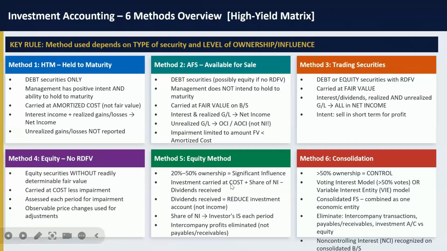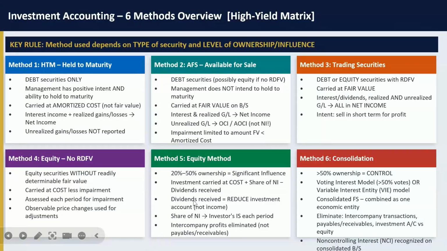So now, how do you record the investment? Here, investment carried will be the cost that you pay plus share of net income, okay, minus dividends received. If they declare the dividends, that means now you also are the owner, okay. From their net income also dividends are going out, that you will deduct. Then dividends received: if you receive the dividends, you will reduce your investment account, not the income.